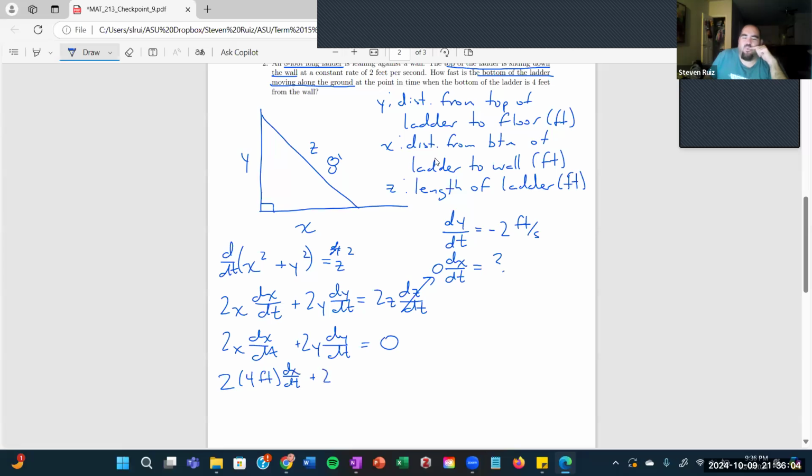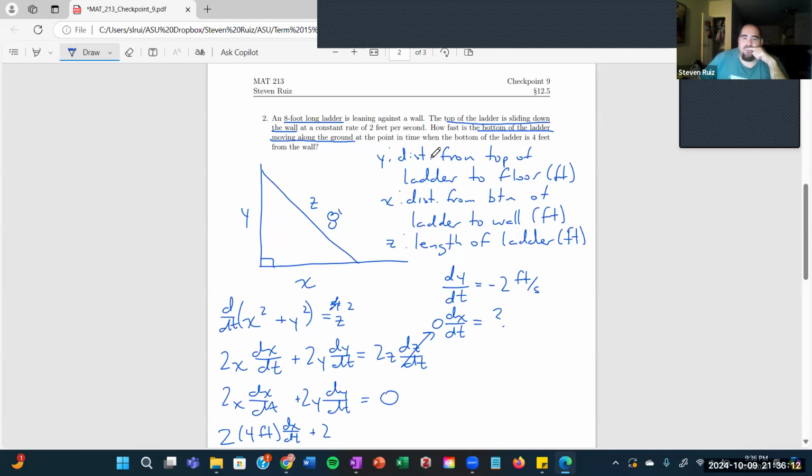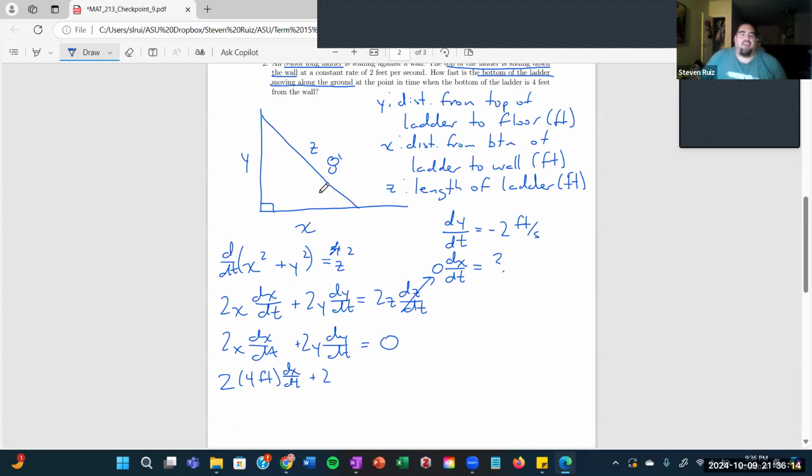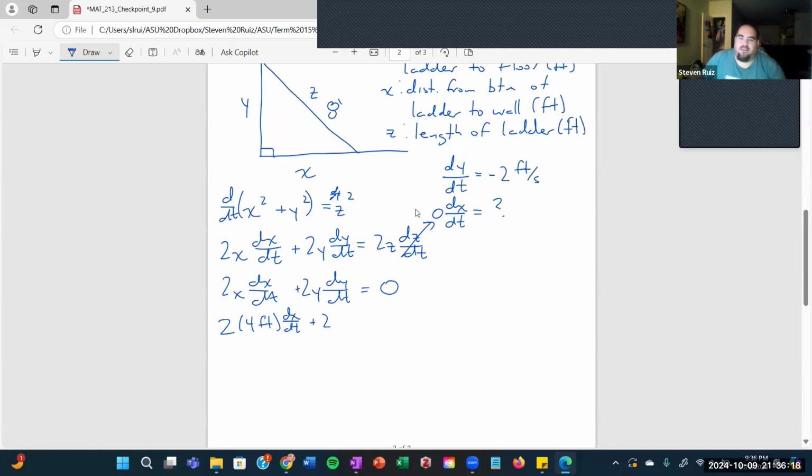Plus 2 times y. What's y? I don't think I know it. I'm not given it, but can I figure it out? I think I can, because let me draw another triangle to match this one off to the side in our scratch work. I know this length is 8. No, this length is 4. So I think that gives me a way to find out what y is.